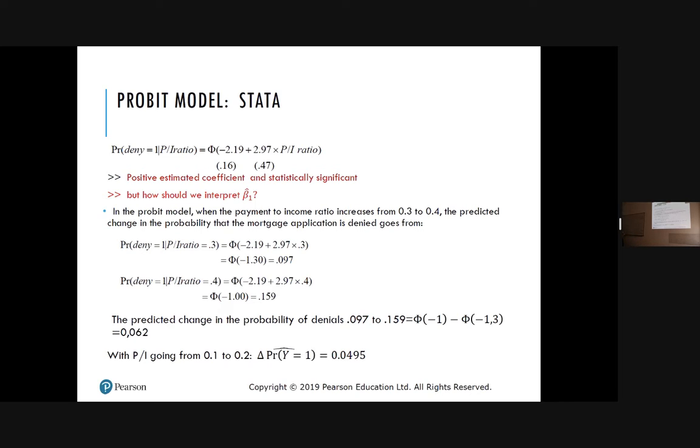Then, to be able to interpret the effect of increasing the payment to income ratio on the probability of being denied, we need to compute also the predicted value of the probability of being denied when x is equal to 0.4. And this is what we did.